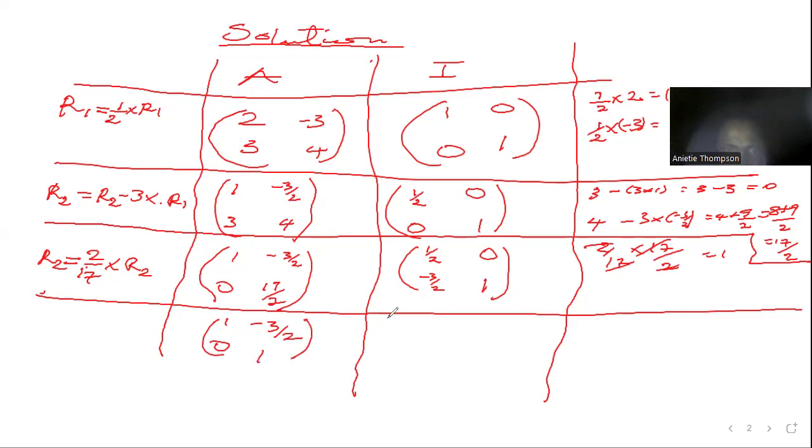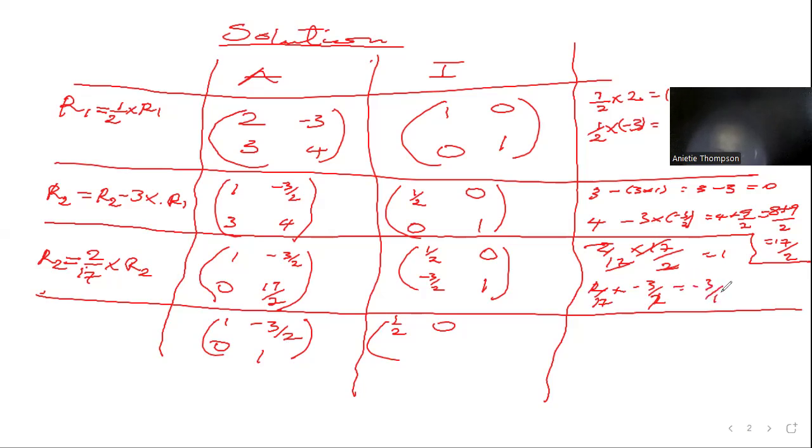So coming here, I repeat the row 1 as 1 over 2, 0. So 2 over 17 times, look at that place. So we have 2 over 17 times minus 3 over 2. The 2 here will cancel the 2 here.